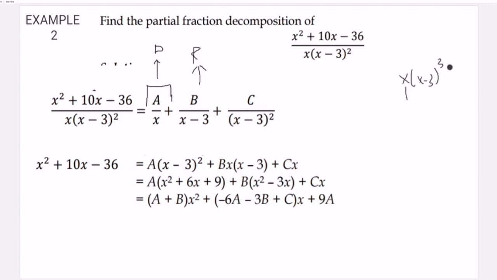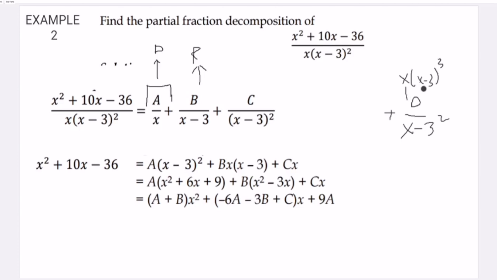Now let's start with the repeated linear factors, which is the same also. Let's start with x minus 3. Take note that this is repeated thrice. So next is C over x minus 3 squared, and then the last one is plus D over x minus 3 cubed.